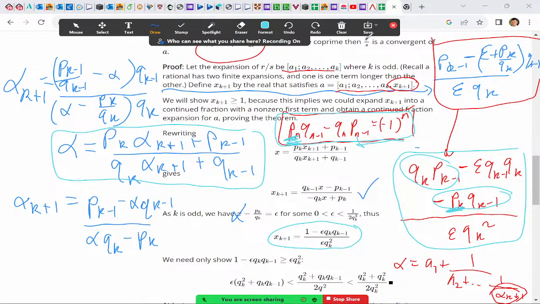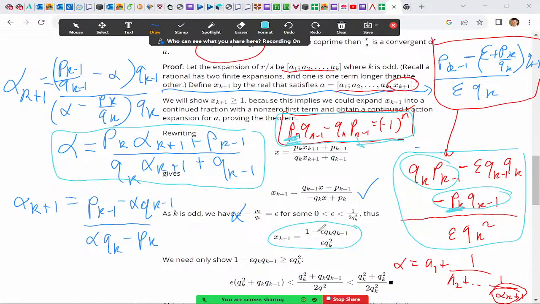That equals minus qk epsilon plus pk minus pk. This cancels, and then I square. Alright, and then I reverse the top. Okay, and then you get to here, right?